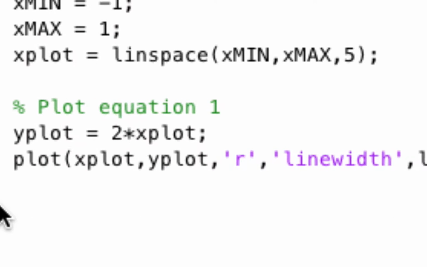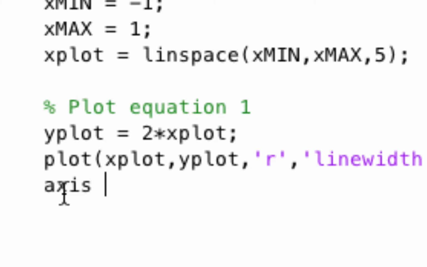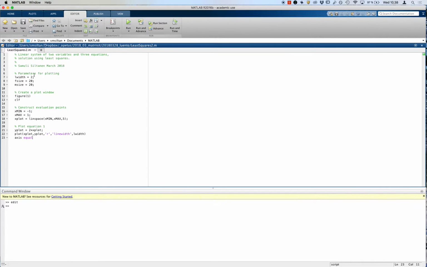I always like to put axis equal so that our plot has correct proportions. If you would plot a circle, it would look like a circle and not an ellipse due to some default aspect ratio. So let's run this and see what happens.